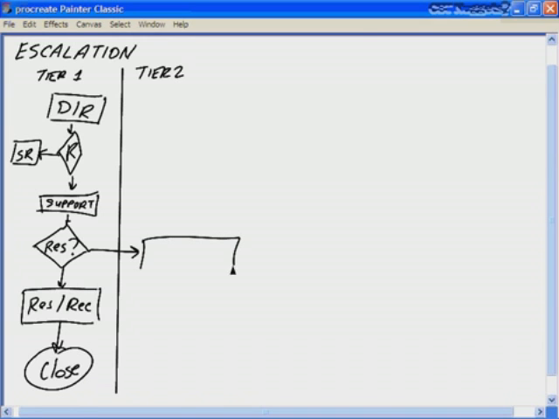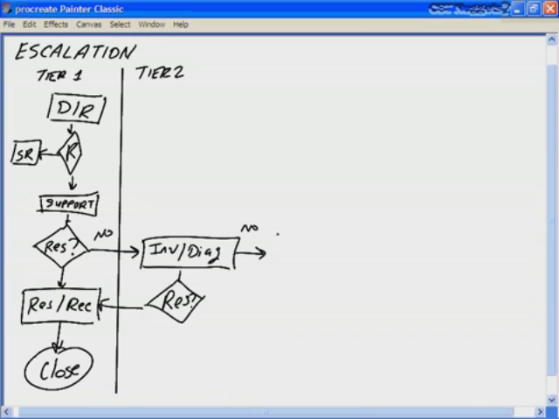Once we go to Tier 2, it's the Tier 2 personnel that are involved in investigating and diagnosing the problem or the incident. If this is resolved, we'll just put RES, and we go back over here to that resolution and recovery process and closure. If it's not, we'll just put no.